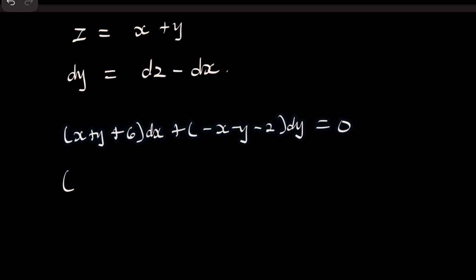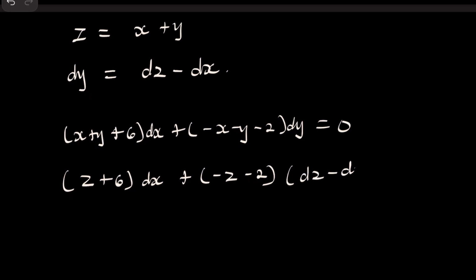And so we are going to have x + y is now z, so that's going to be (z + 6) dx + (-x - y) is equal to -z, and so this will be (-z - 2) dy, which is giving us (dz - dx) equal to 0.